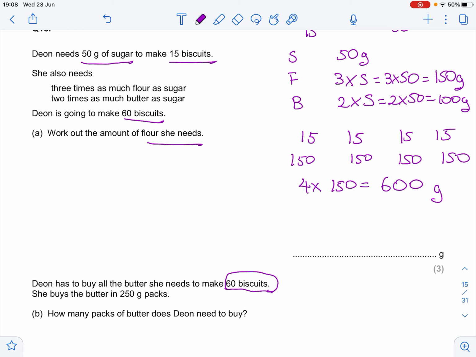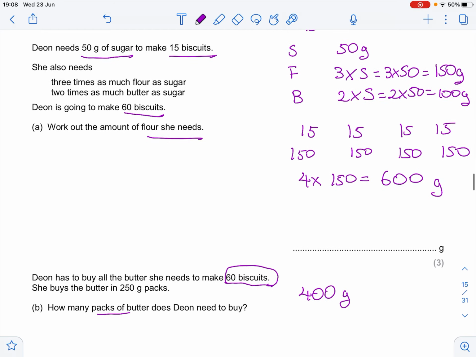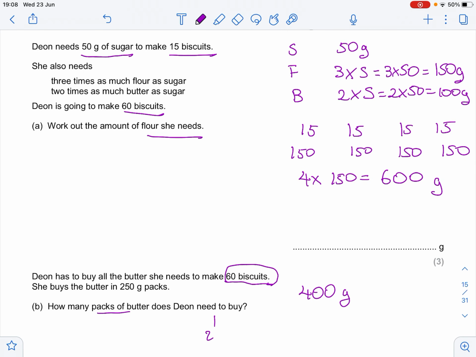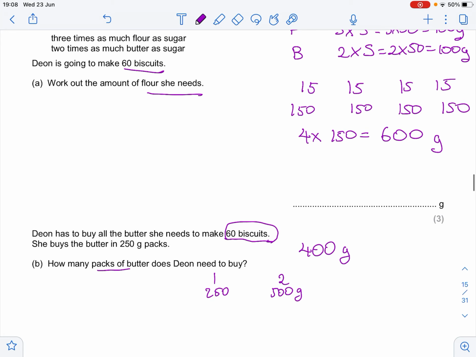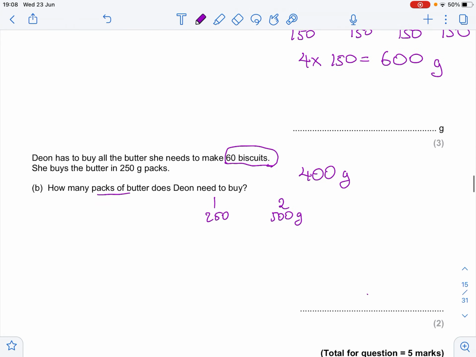She will need 4 lots of 100. So she will need 400 grams in total. And we asked how many packs does she need to buy. So 1 pack would be 250. That's not enough. So she needs to buy 2 packs. She would have 500 grams. So that would be enough. So the answer would be 2.